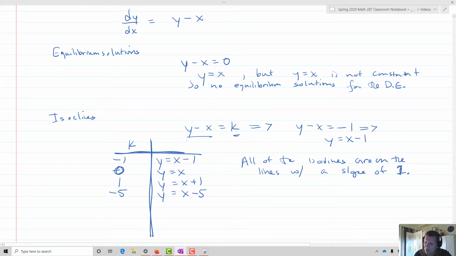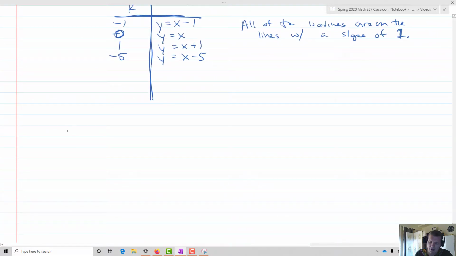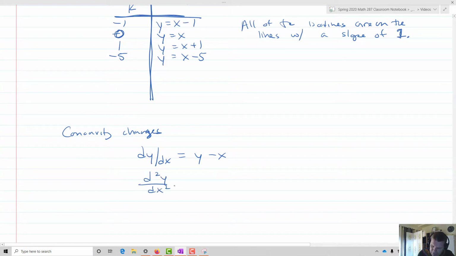We'll see that when we look at the slope field. How about concavity changes? Again, we have dy/dx equals y minus x. And so d squared y/dx squared, the second derivative, is going to equal dy/dx minus 1. And this is then going to equal y minus x minus 1.